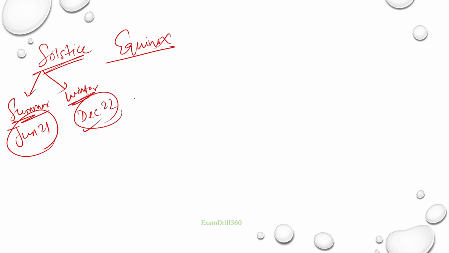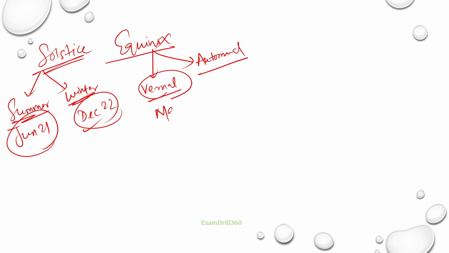December 22. Clear? Equinox, we know there are two equinoxes. One is the vernal equinox and another is the autumnal equinox. So vernal equinox, which day? This is March 21st. And autumnal, which day? September 23. Clear?